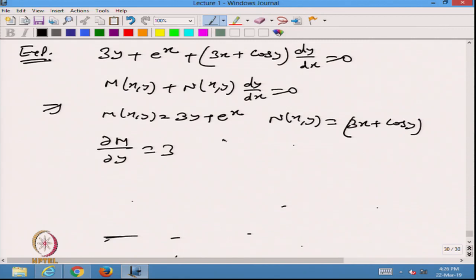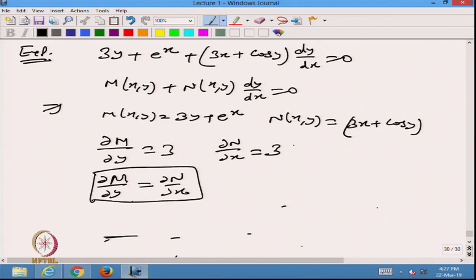It is 3, and del N by del x is also 3. So, in this case del M by del y is equal to del N by del x. If this is equal, then I can say that this differential equation is an exact differential equation. So, if it is an exact differential equation, I can solve it.